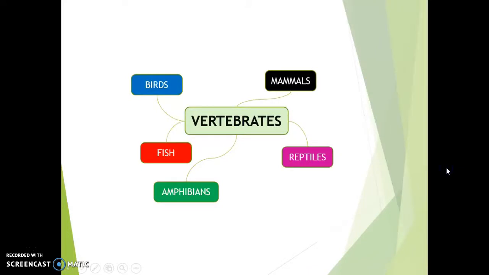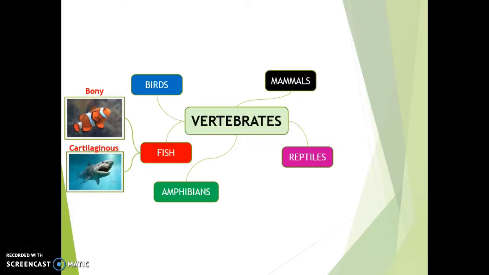So, that's it. Let's go back to our mind map. We've seen fish in the first video, and you remember the two kinds of fish, bony fish and cartilaginous fish.